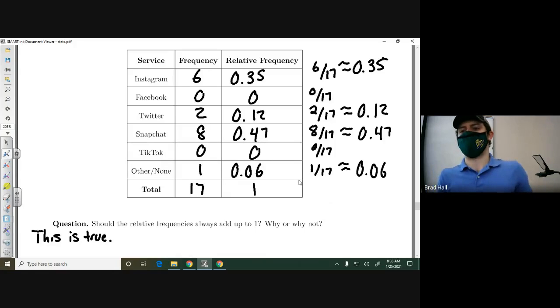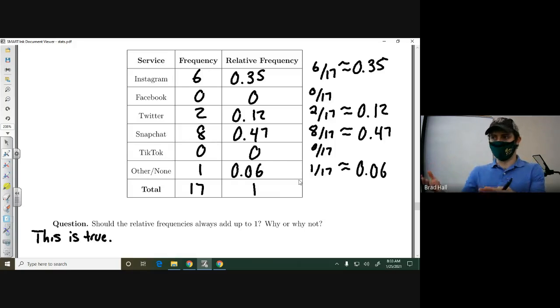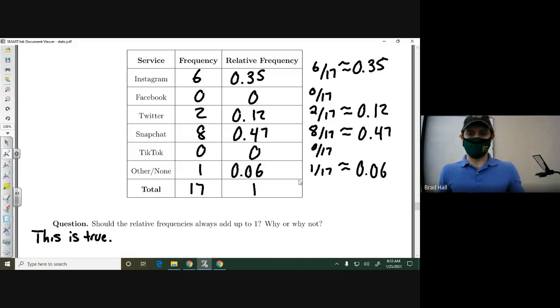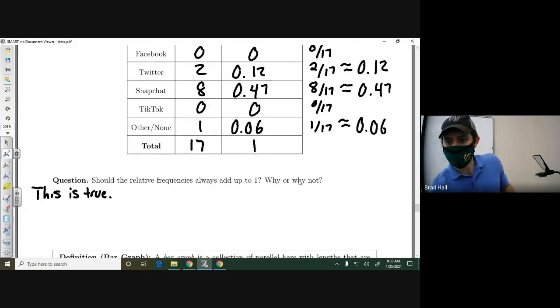The numerators just represent the frequency. You add up all the people that participated, you get the total number of participants. So then, in a roundabout way, you divide it by itself, and the quotient will be 1. Because every respondent has to belong to a category. That's why.